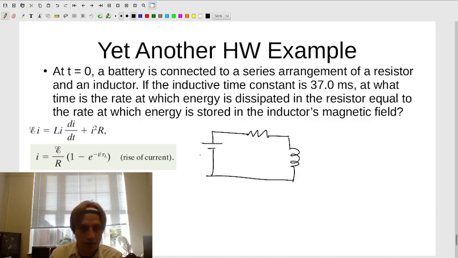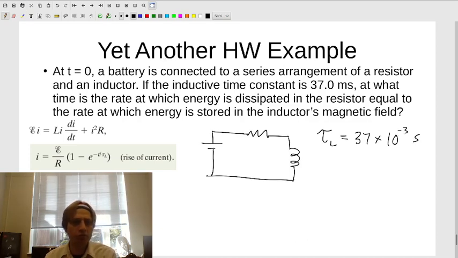So all of our RL circuit stuff that I've given you will apply here. It says if the inductive time constant is 37 milliseconds. Okay, so that's this, 37 times 10 to the minus 3 seconds.